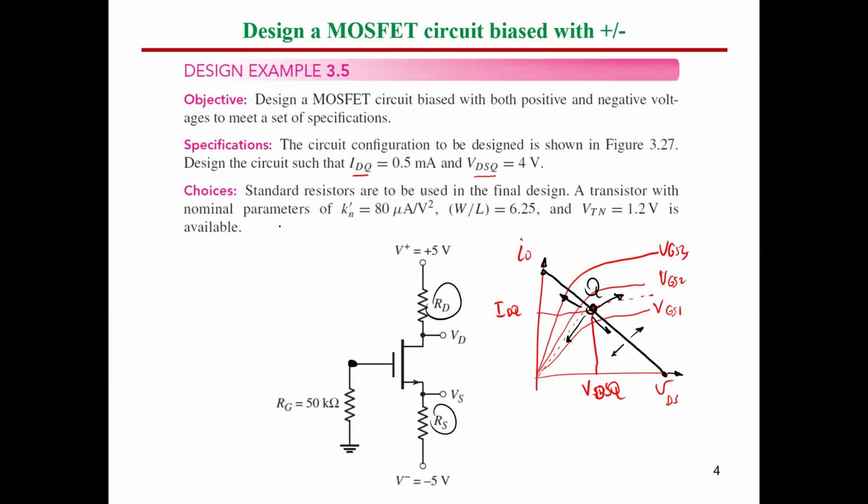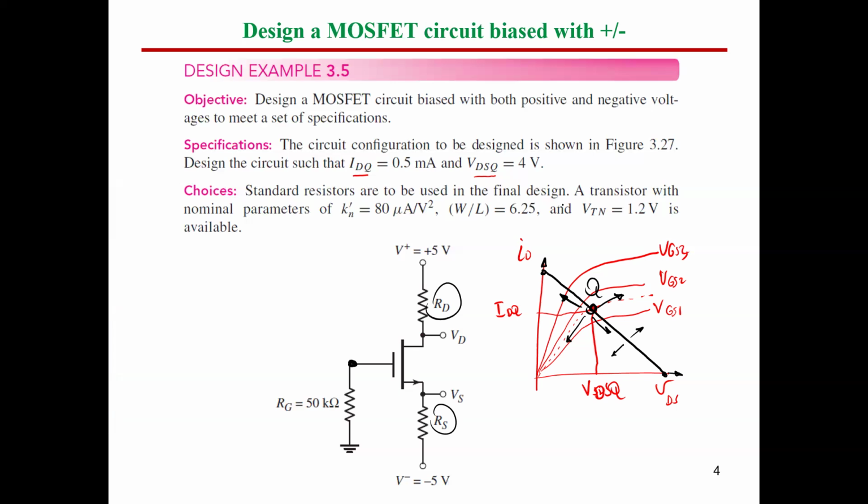So here it has been mentioned, guys, standard resistors are to be used. Since this is going to be a design problem, you have to use standard values. It's not allowed to use a value, for instance, for a resistance not existing in the market. So you have to use standard values of resistors in your circuit.